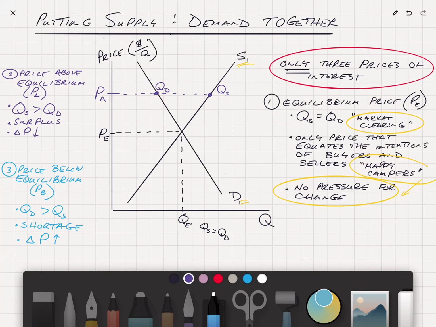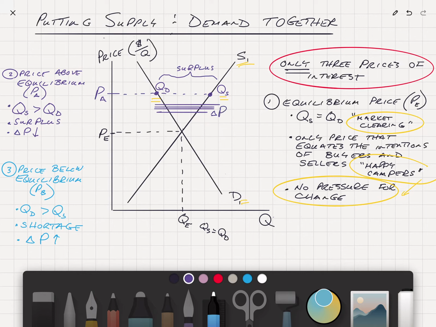In this situation, a price above equilibrium will result in a surplus. This is the amount that businesses want to sell, and this is the amount that consumers want to buy. You can see there is a disequilibrium condition here. When a market is in surplus, there will be pressure for price to change.